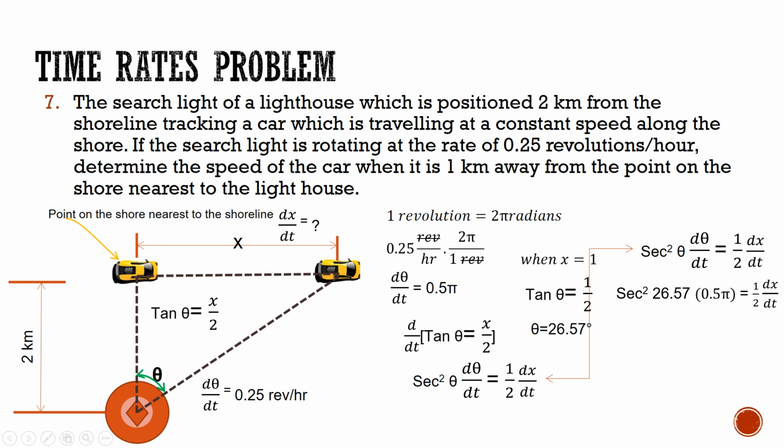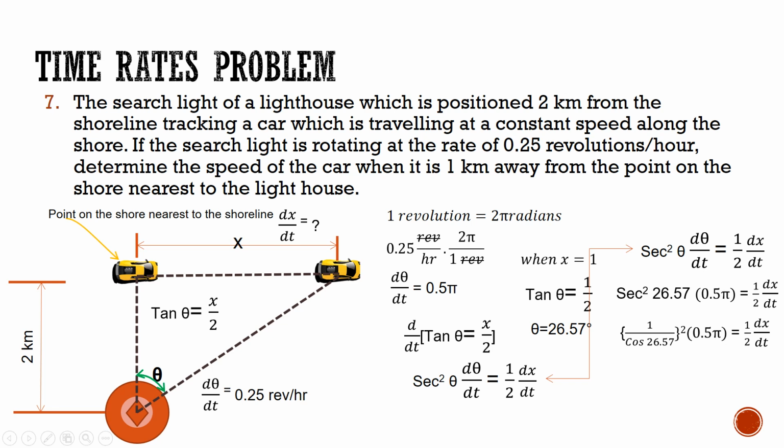So yun, substitute lang natin yung equation, with the converted d theta over dt here, okay, so equate it to the right hand equation. Obviously we will be having the unknown, which is dx over dt. We need to express our secant in terms of its identity sa cosine, no? Because for calculation purposes, we cannot find the secant function in your calculator, so take note of that.